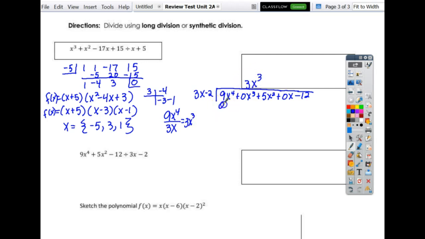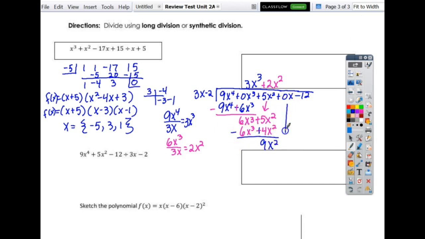So I'm going to multiply. And then we have to change the sign because we're subtracting. So I have 6x to the third, and I'm going to bring down 5x squared. I'm going to divide the first term by the first term. So I get 2x squared, and I'm going to multiply. Change the sign. These cancel out. I have 9x squared.